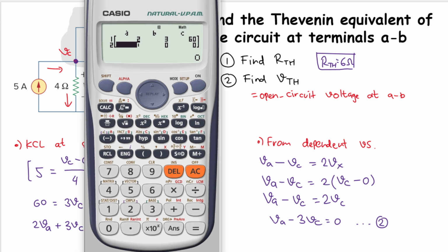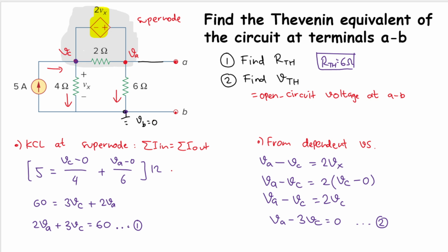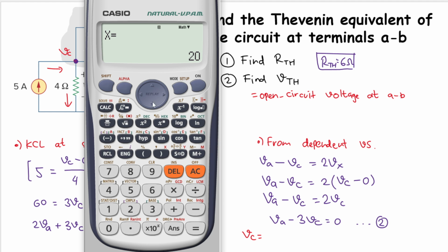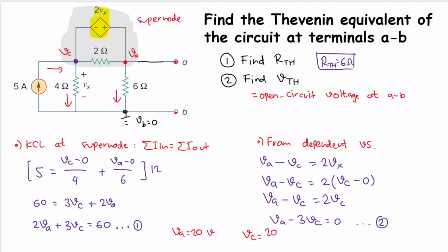And then the second one will be 1, and then minus 3, and 0. So we can get the value of VA, which is 20. So I will have VA is equal to 20 volt. And also VC here, that will be 20 over 3. So I have 20 over 3 volt.